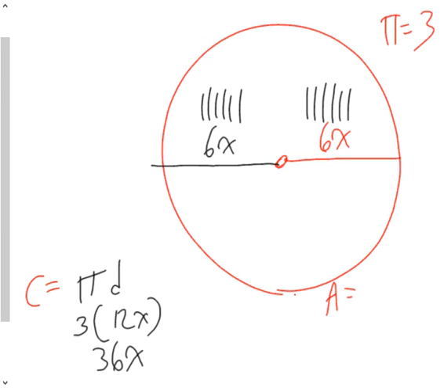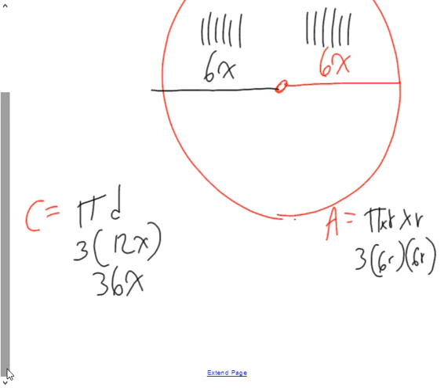For area, we can use pi r squared, or we're going to actually go back to the grade 7 formula of pi times r times r, which is the same thing as pi r squared. So once we write our formula, pi we're going to put as 3 multiplied by 6r times 6r, or the radius squared.